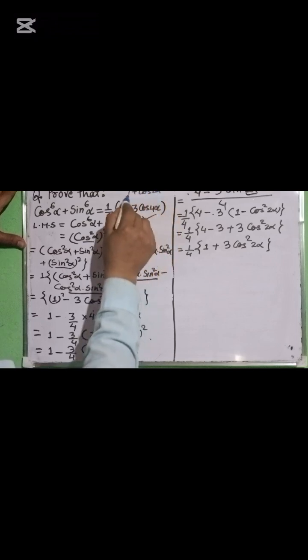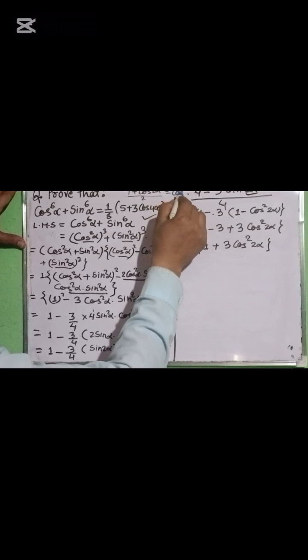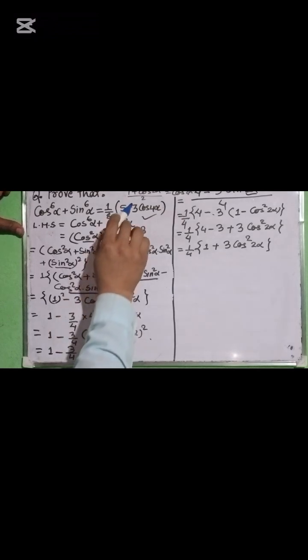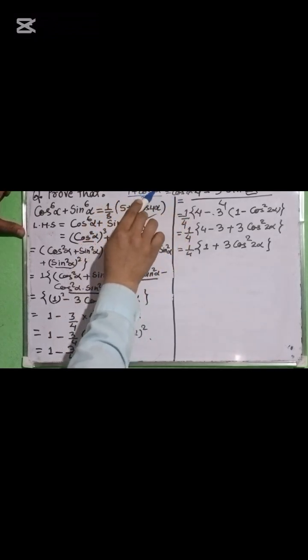Then this 2 comes down here, and here remains only cos square alpha. Now look here, cos square alpha is 1 plus cos 2 alpha by 2.